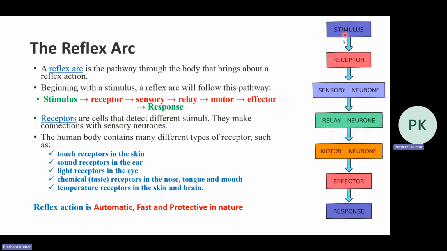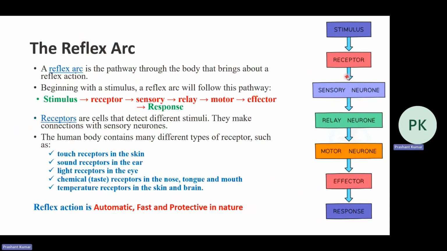In the reflex arc, the first stimulus is received by the receptor molecule, and the receptor molecule sends information to the sensory neuron. The sensory neuron sends information to the relay neuron, and the relay neuron sends information to the motor neuron, and the motor neuron sends information to the effector organ, and the effector will do the response, right?